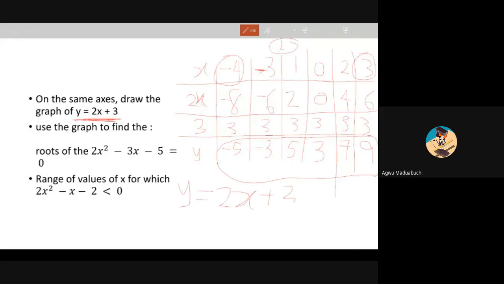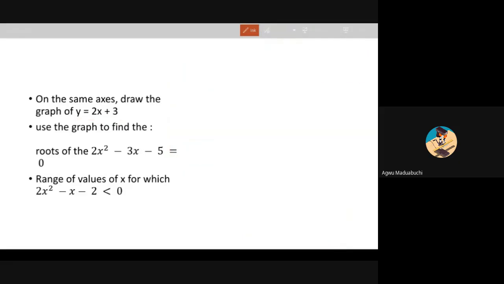When x is negative 4, what will you have? 2 times negative 4 plus 3. 2 times negative 4 gives you negative 8 plus 3. So it's the same thing we are doing. This gives you negative 5. Then go again for the next one. So this table is like a compact way of doing everything. But if you don't get that, you can go the other way, which is also very correct.